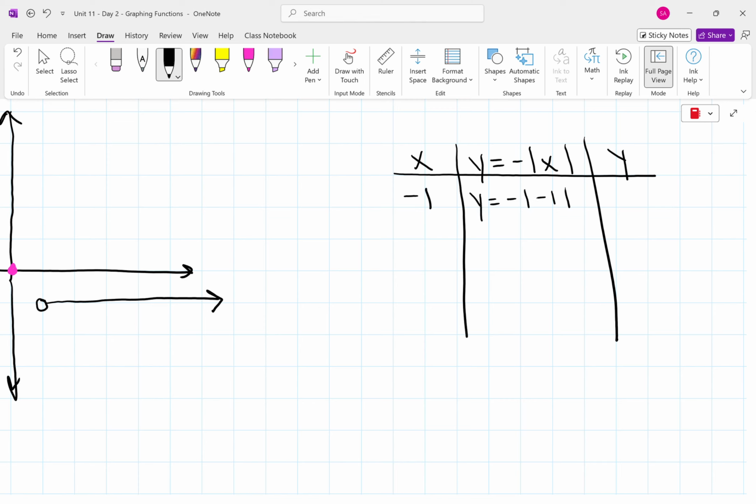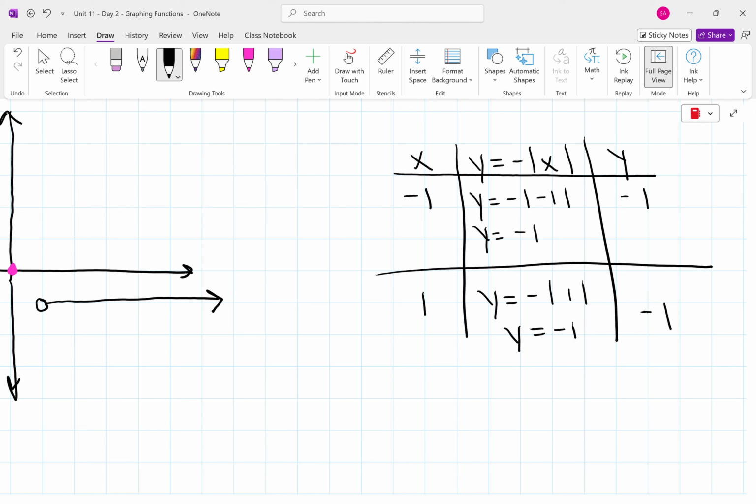So I want -1, so I'm going to plug in -1 for x. Y equals the negation of the absolute value of -1. Well, do we agree the absolute value of -1 is +1? So y just becomes -1. And then I want to figure out what's happening when x is +1. So y equals the negation of the absolute value of 1, which once again is -1.